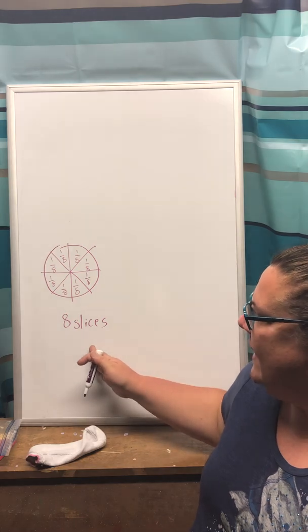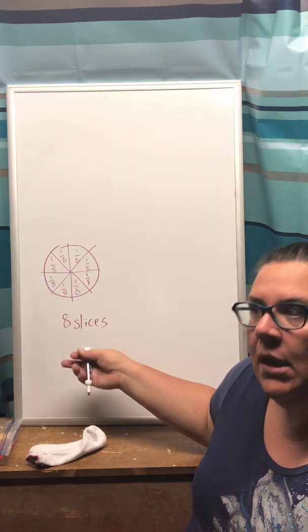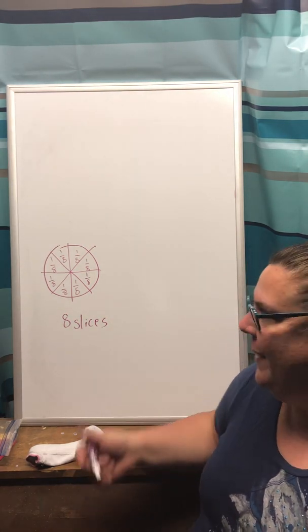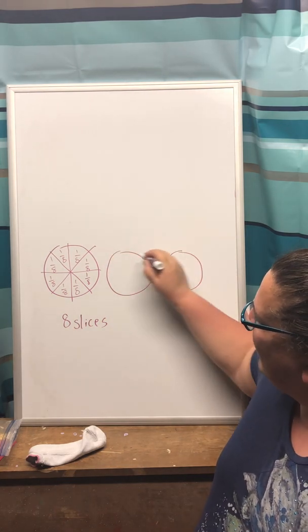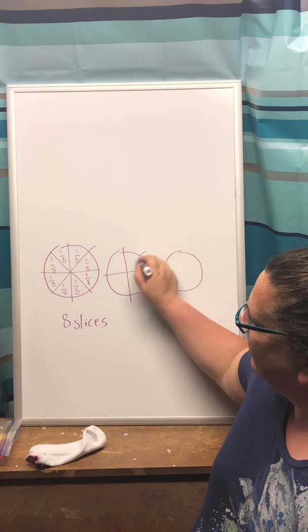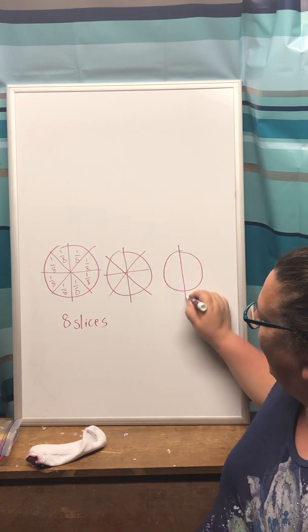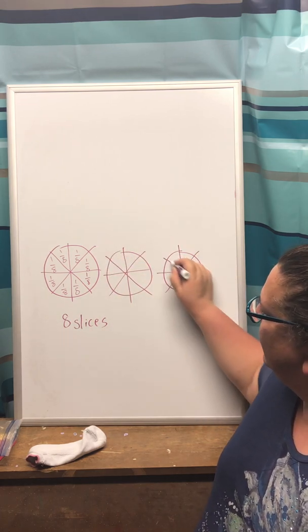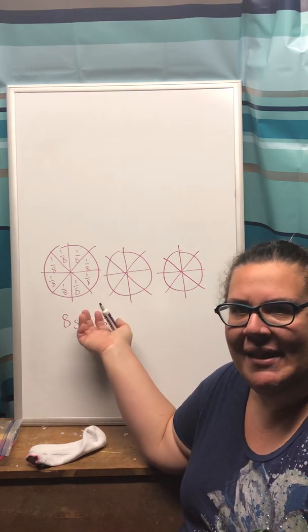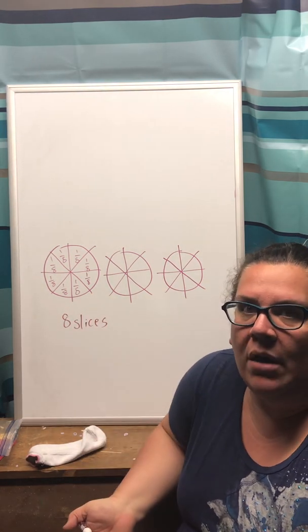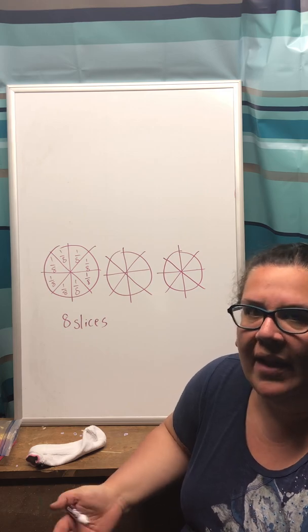If I get 8 slices out of one pizza, if I make 3 total pizzas and I do the same thing, their question is how many slices of pizza would we end up with? So I don't have to actually put my fractions in all of these. Think about a number model that you can use to figure out the answer to this.